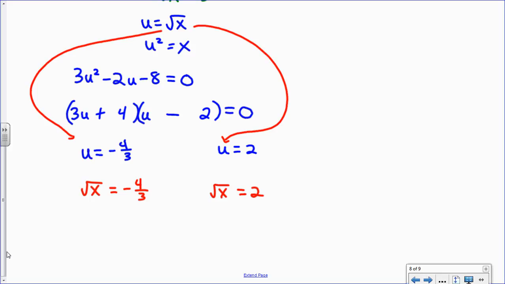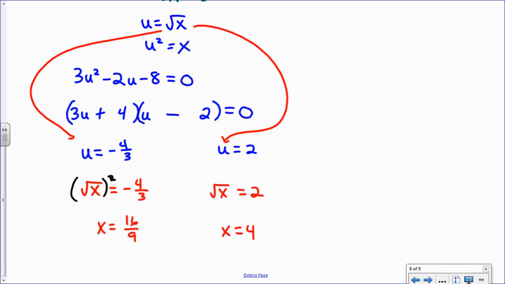Square both sides to get rid of your radical. If you square a negative, it's positive, and you get 16 over 9. And then here you get 4. Right, because we're going to square both sides.